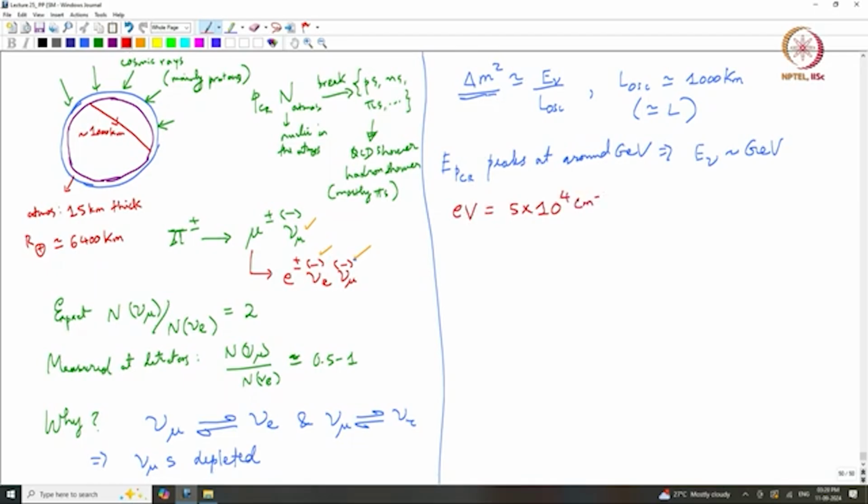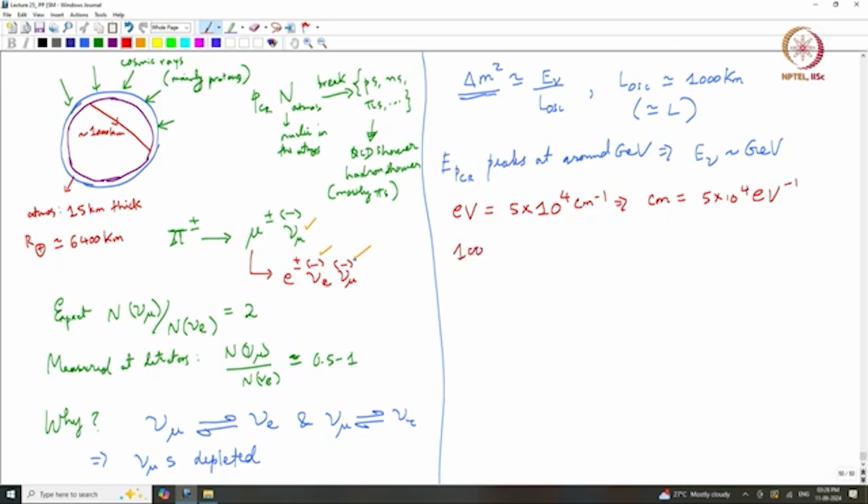Go back to the lecture on how natural units are derived, and you will find this is the conversion between electron volt and centimeters. Said differently, a centimeter is 5 times 10 power 4 inverse electron volt.